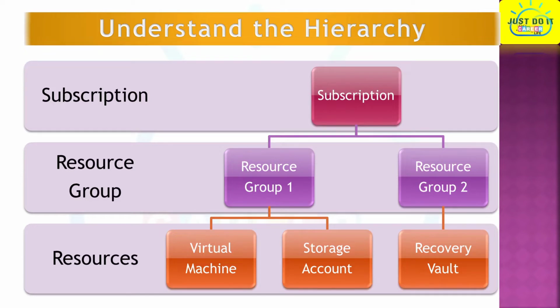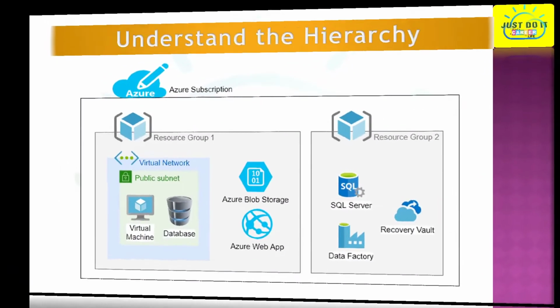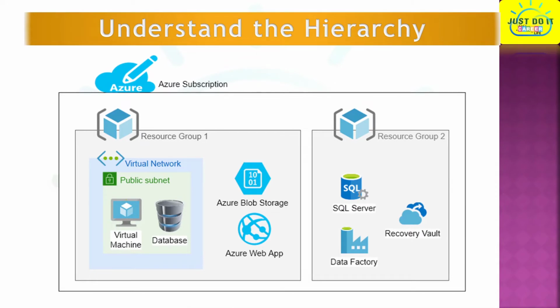For now, you can consider a resource group to be nothing but a box to keep all our stuff, that is resources, collectively under one roof. Then inside a resource group, you can create resources as per your need. So this is a logical diagram of how it will look when we actually create resources in our Azure subscription. I hope you got a good understanding of how the hierarchy of the resource group and the resources in the Azure subscription looks.